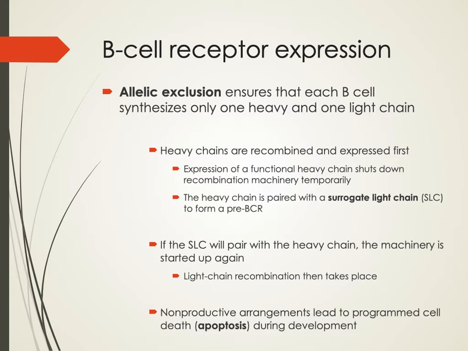If it's a good pairing, then we fine tune and fix that surrogate light chain so that we have the recombination occurring. And if that pairing isn't good, so if the heavy chain that has been selected for through recombination doesn't pair well with the surrogate light chain, then this is a non-productive arrangement, and this actually leads to apoptosis.